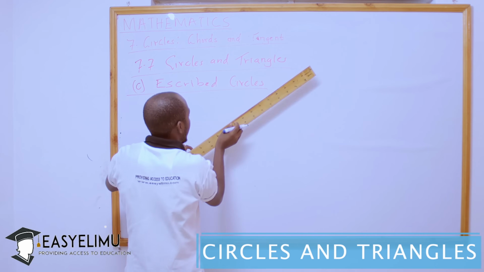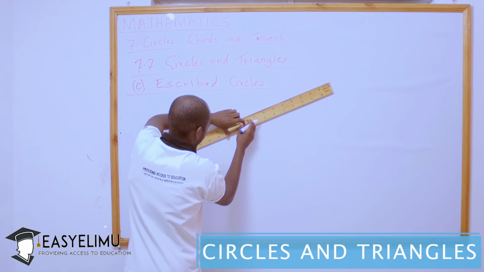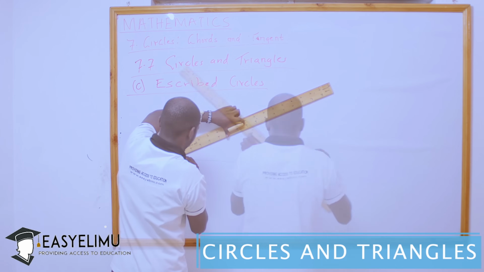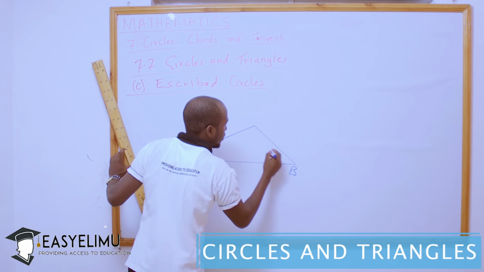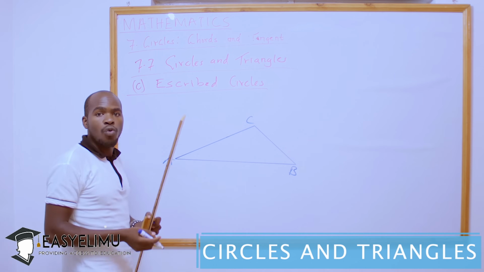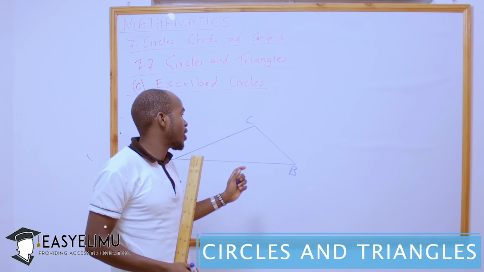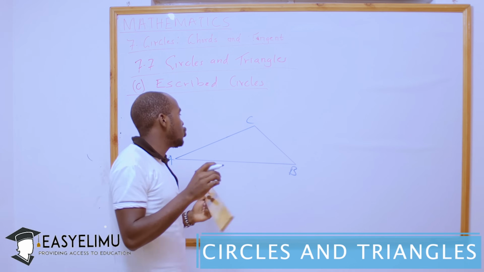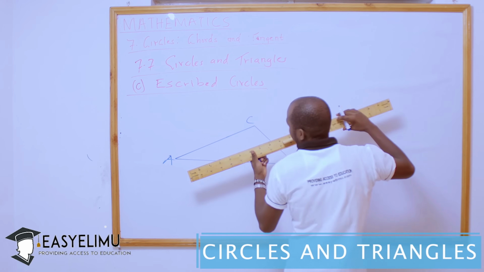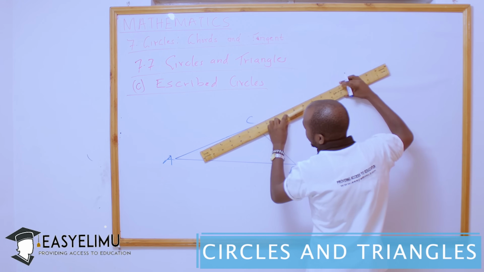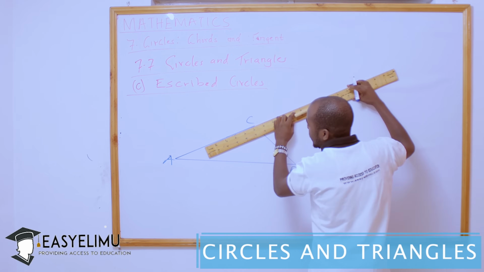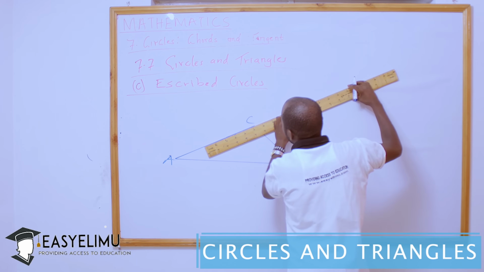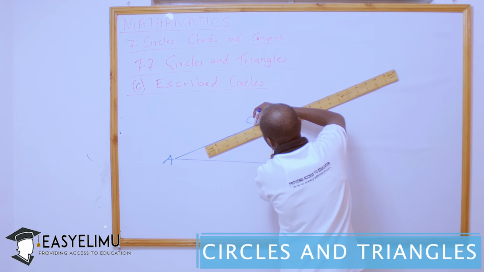I shall start with one of my triangles here. Having this triangle as ABC, what will you do? You produce the side AC, such that it will be AC produced, and producing means you extend that side outside.